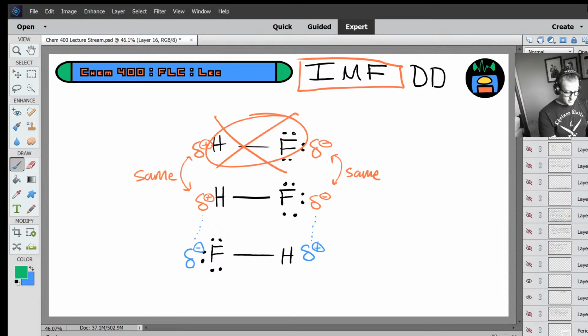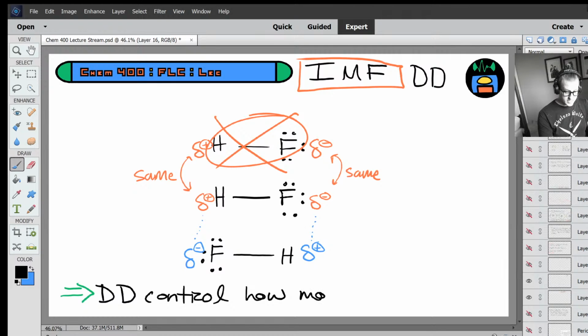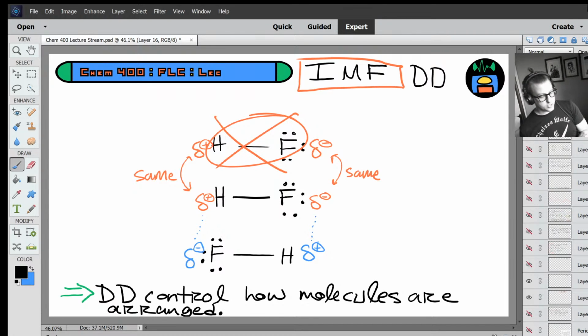The point is, our dipole moments control how molecules arrange themselves. All right, that attraction to opposite charges, repulsion by like charges, all control how these molecules configure themselves in 3 dimensions.